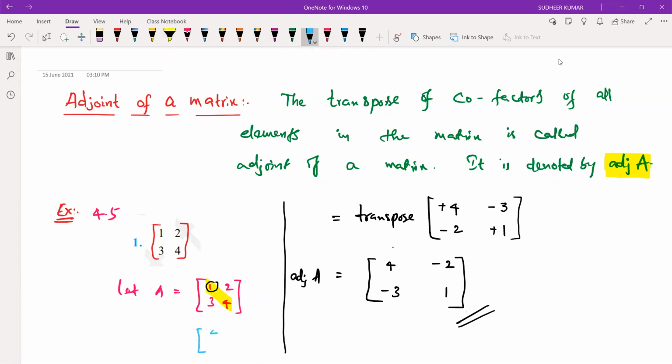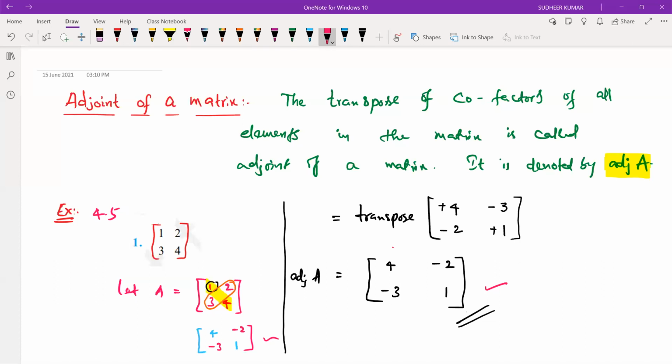It is 4 and 1. And change the sign of the other diagonal elements. So it is minus 2 and minus 3. We get the same result or not?